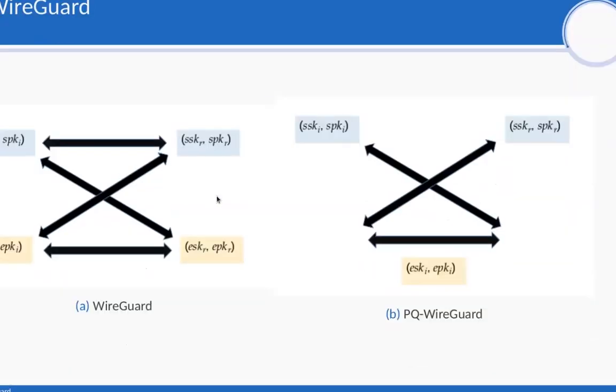What does that mean? Well, on the left-hand side is how the four shared secrets were derived in the original WireGuard protocol. I recall that the static Diffie-Hellman result plays an important role in unknown key share attack resistance and DoS mitigation. And if we use the KEM-based protocol, which is on the right-hand side, we do not derive shared secrets in the same manner as before.